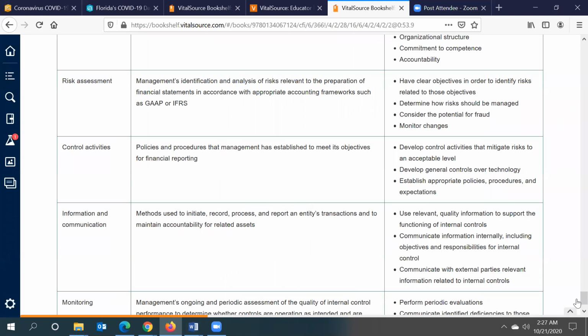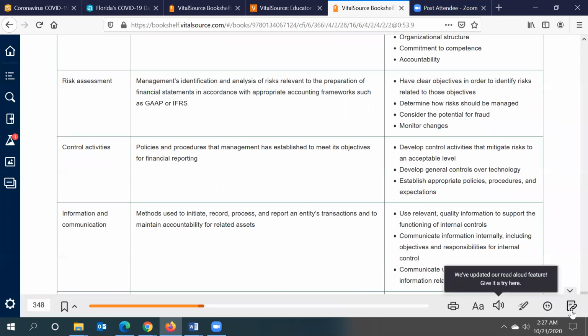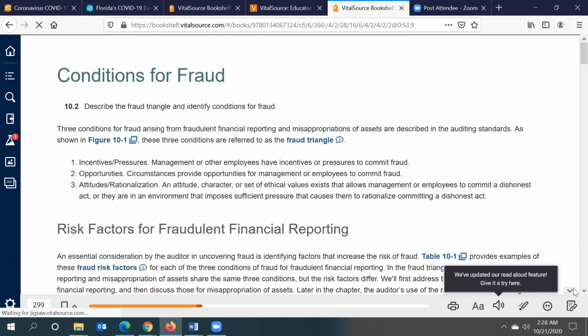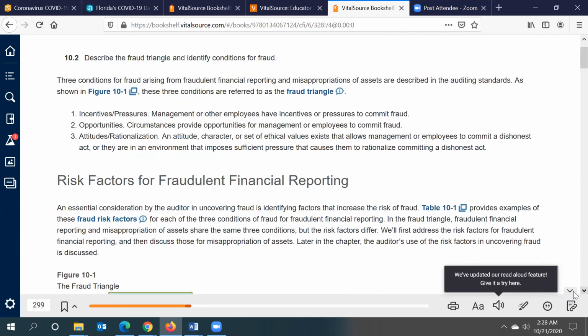As you see on your screen, from the auditing textbook. By the way, Donald Cressey was not an accountant. He was actually a criminologist, but a very, very useful fraud triangle that he came up with.